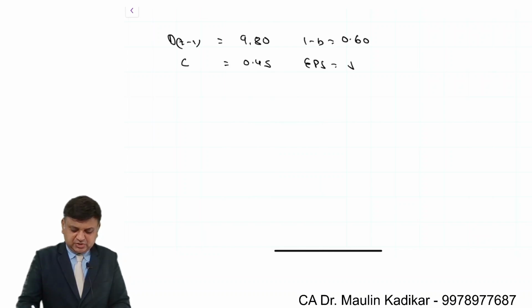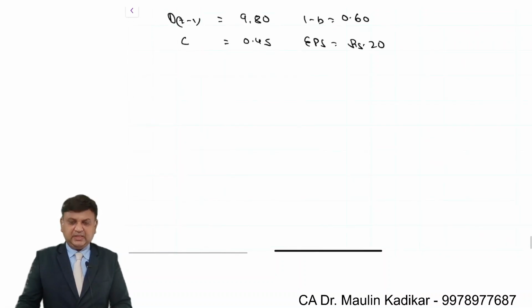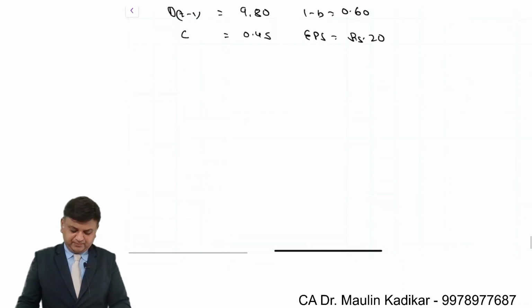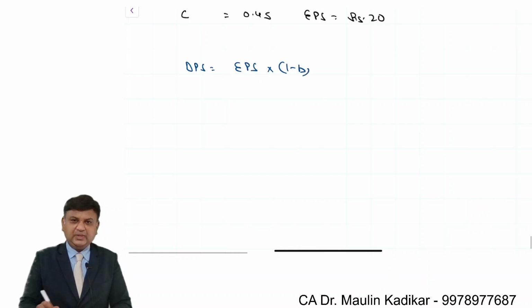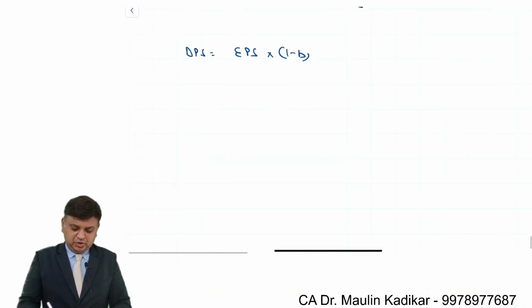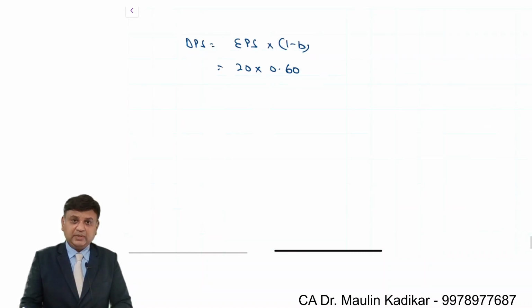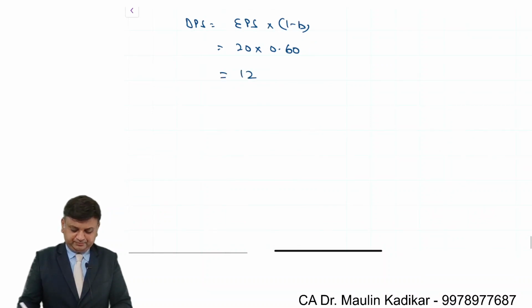And earning per share is rupees 20. Now in normal circumstances, dividend per share is earning per share into dividend payout ratio. In a normal situation, it is 20 rupees into 0.6. That comes to rupees 12.